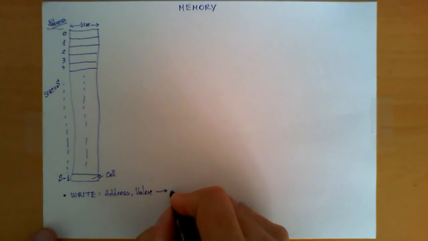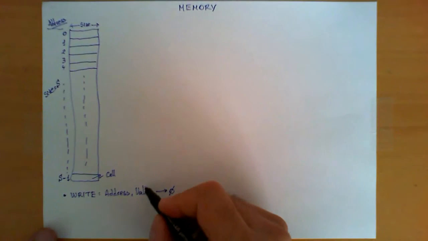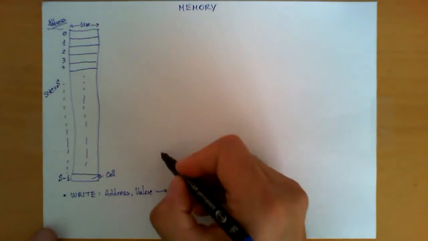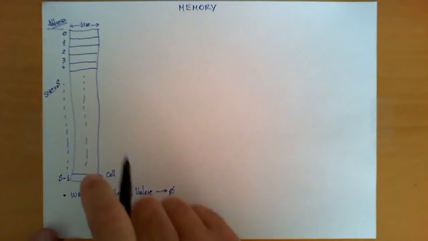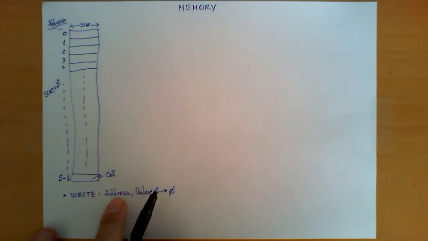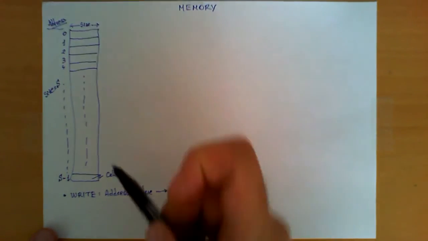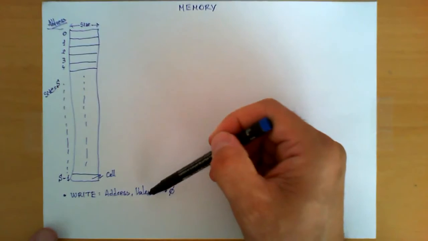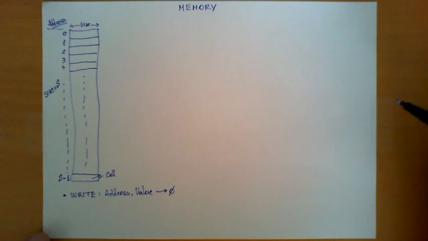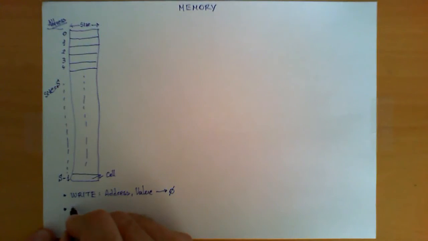It doesn't return anything, but intuitively, the value is written in the cell whose address is given. So given these two elements, an address and a value, this table makes sure that this value is stored in that box. The other operation, of course, is a read operation.